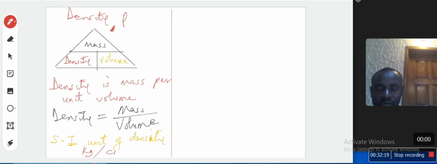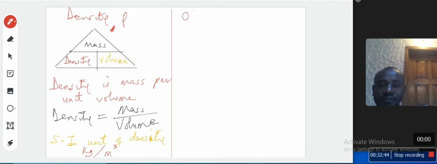Meter cube. So the SI unit of density is kilogram per meter cube.